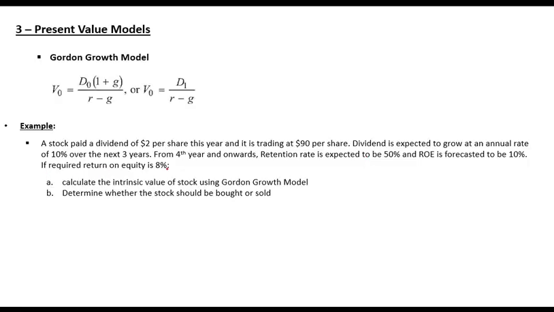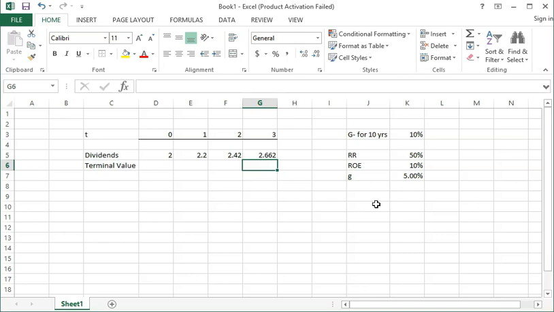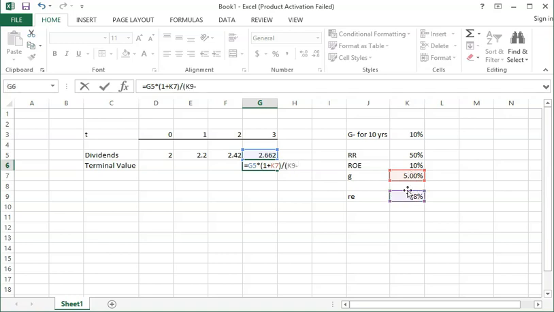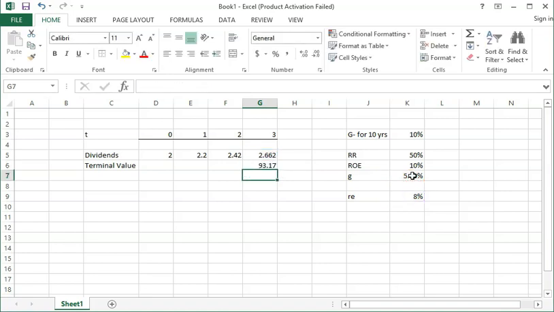The required rate of return on equity is 8%. Required rate of return on equity can be different from return on equity. Those two are different. So this multiplied by 1 plus growth rate, divided by R minus G. Any confusion so far?